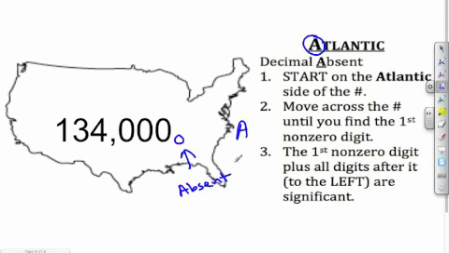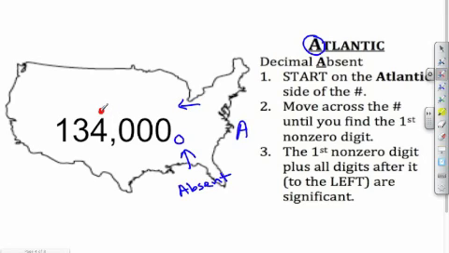Therefore, when you start scanning the number for significant digits, what I want you to do is start on the Atlantic side and move across the number, going to the left. Okay? So as I move across that number, what am I looking for? Well, I'm looking for the same thing as in the previous example. I'm trying to find the first non-zero digit. So as I move to the left, my first non-zero digit is this 4.